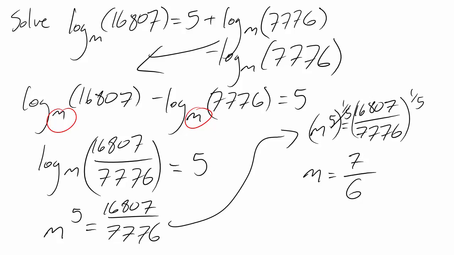So we wind up with a value for m of 7/6. Now, we still have to abide by the restrictions placed on logarithms, meaning that we have to have a base that is a positive real number, which we do have here. So that's our solution. m equals 7/6.